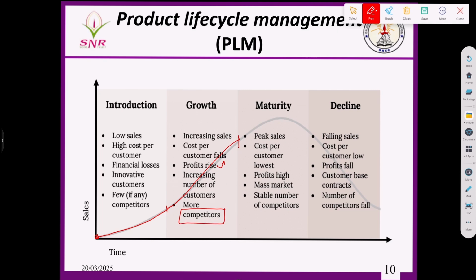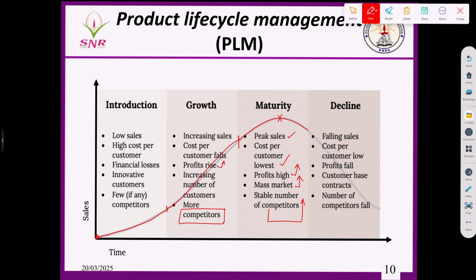Next, the product will go into a period called the maturity period, where we will get the peak sales and the minimum cost of the product at the customer end. The product's profit will be at its maximum. We will have very good market availability, and a good number of competitors playing with the same product category.